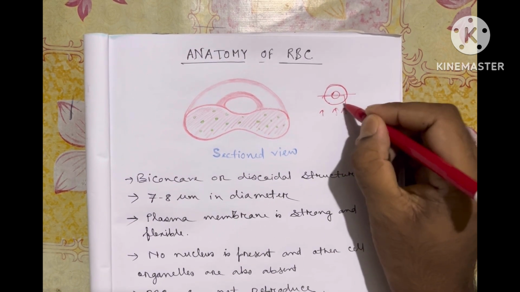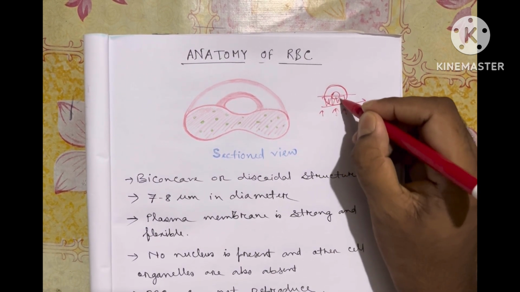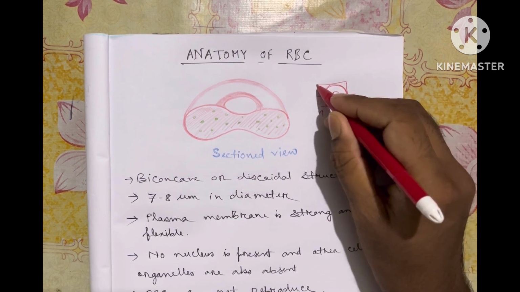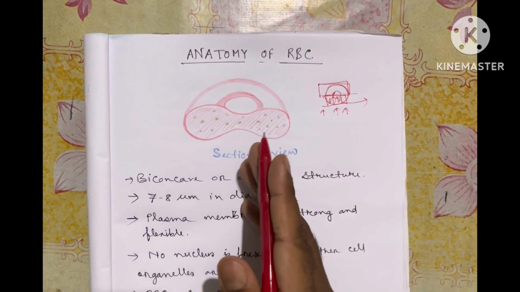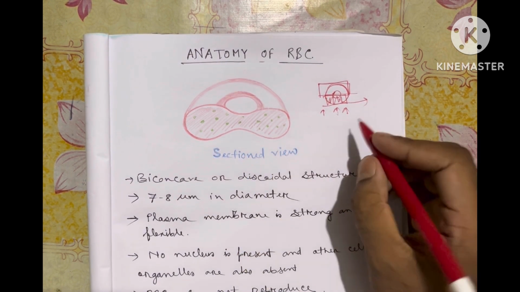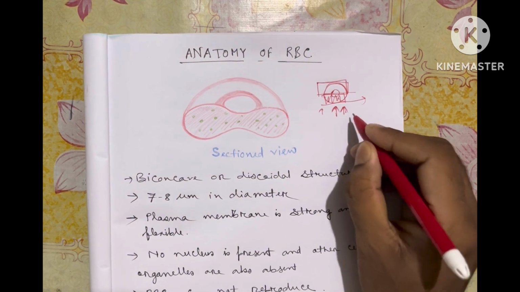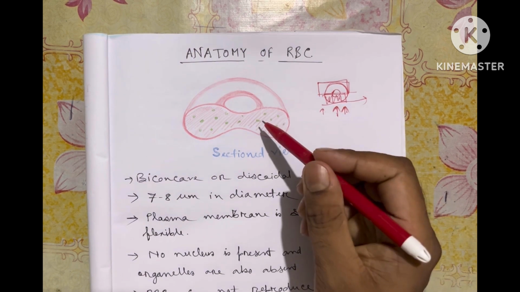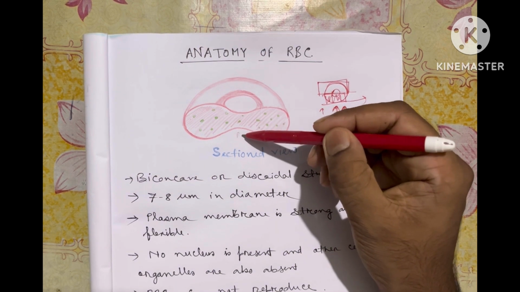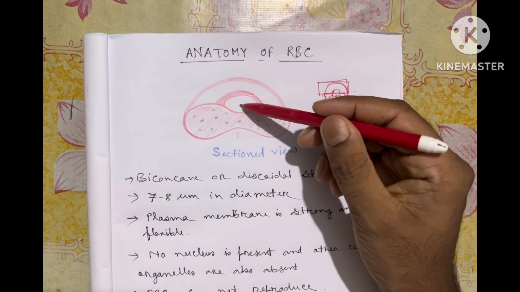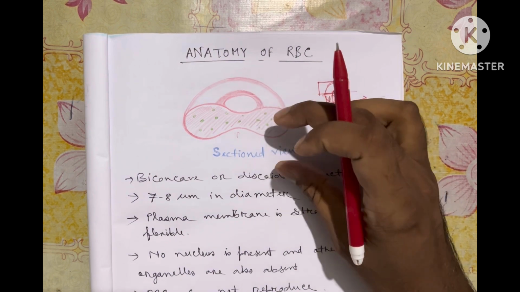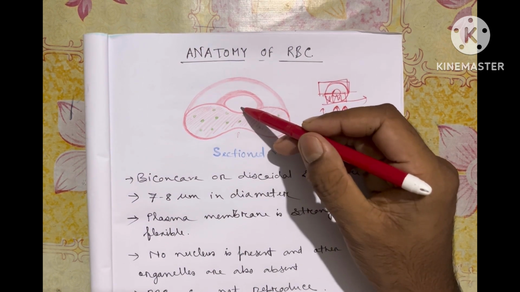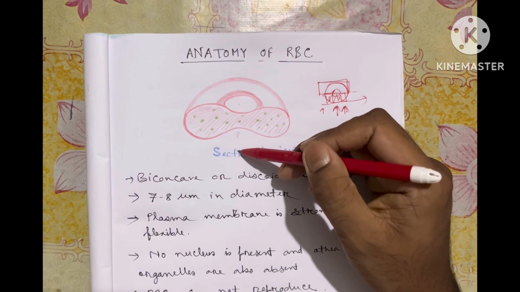we remove this section, and if we see only this upper part from the side view, from this direction, then we can see that this structure looks almost like this. It's biconcave, meaning the middle portion of our RBC is tapered or concave from both sides, from the top side and from the bottom side also.